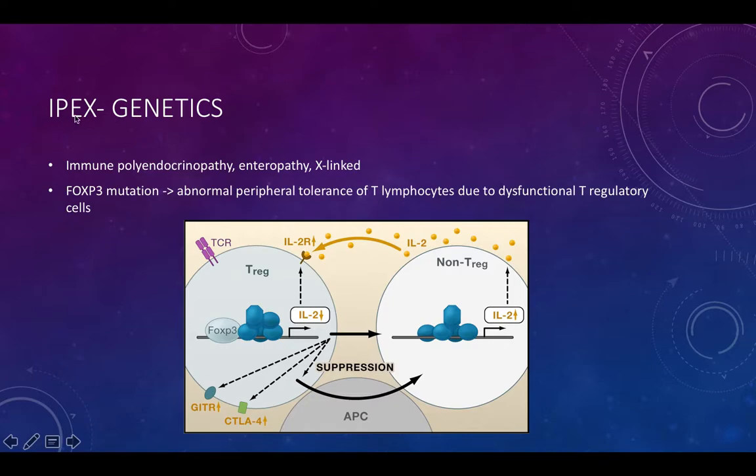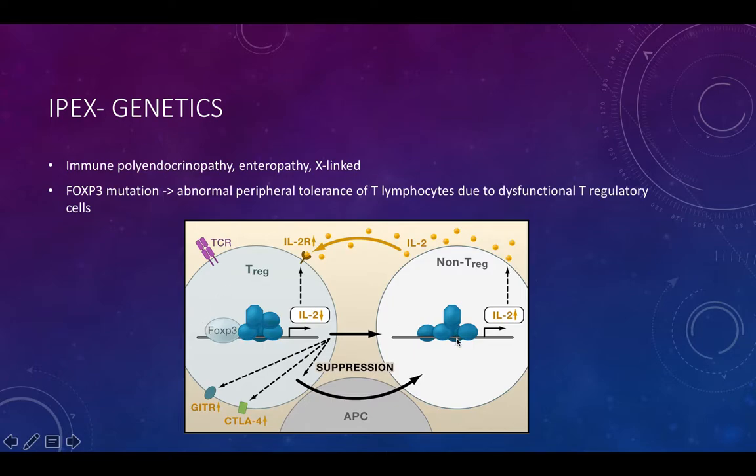There's a condition called IPEX, which stands for immune polyendocrinopathy, enteropathy, X-linked. This results from a FOXP3 mutation, which results in abnormal peripheral tolerance of your T lymphocytes, specifically T, not B, because your T regulatory cells are dysfunctional.